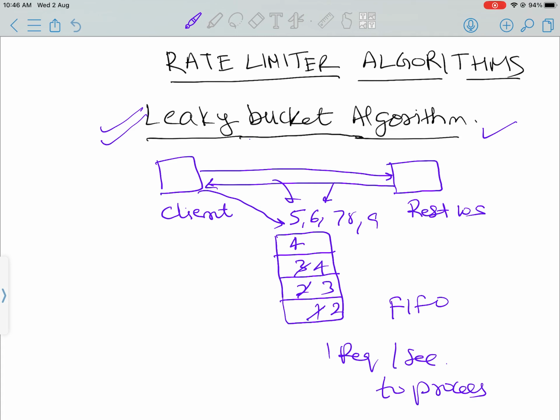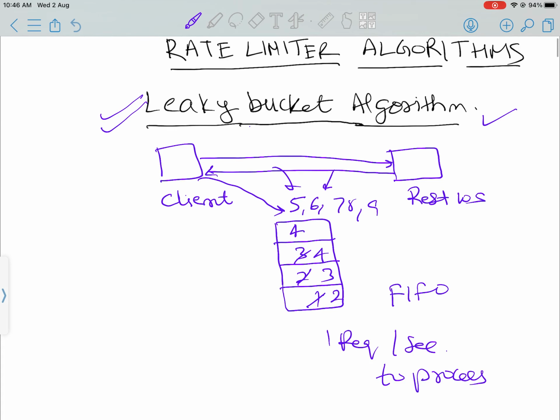These requests might come in a few milliseconds. So now maybe 5, 6, 7, 8 got leaked because we could not process them, because our queue was full.